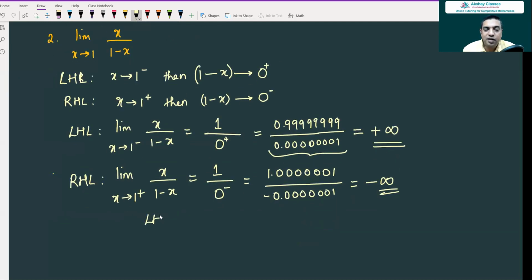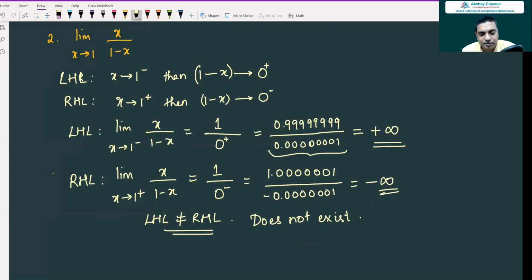Because the left hand limit is not equal to right hand limit, the limit does not exist. If both the left hand limit and the right hand limit were tending to infinity, then the limit should be infinity. That means the limit exists, but it is going to an infinite value.